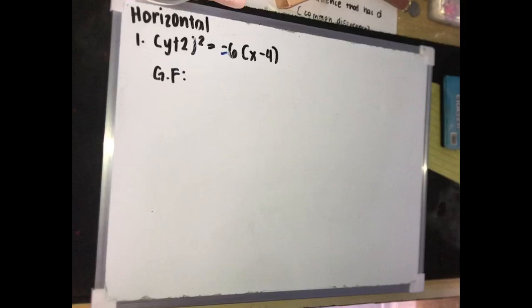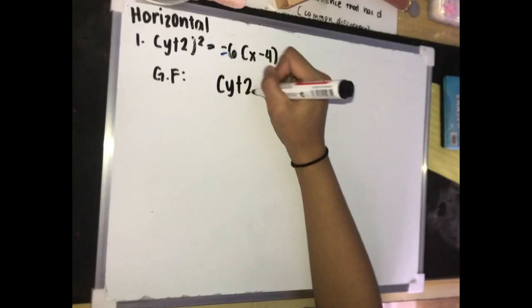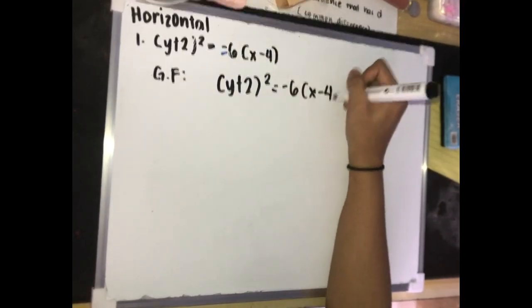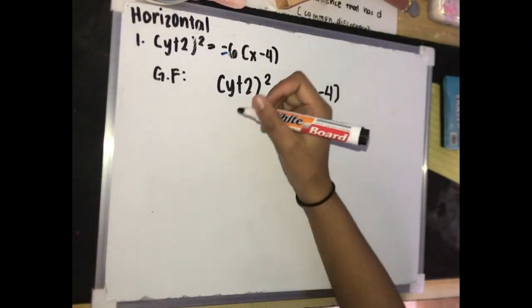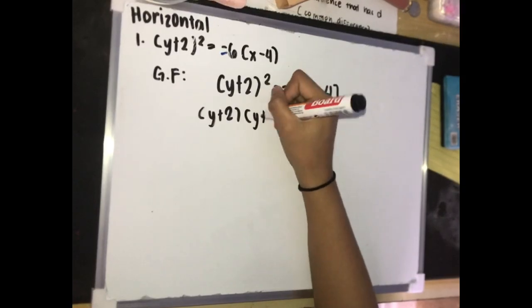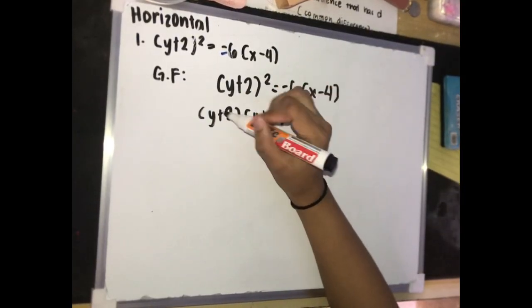So to find the general form of this equation, we're going to write down the given. Since may squared part dito sa left side, we're going to expand this one. So easy. We're going to multiply both sides.